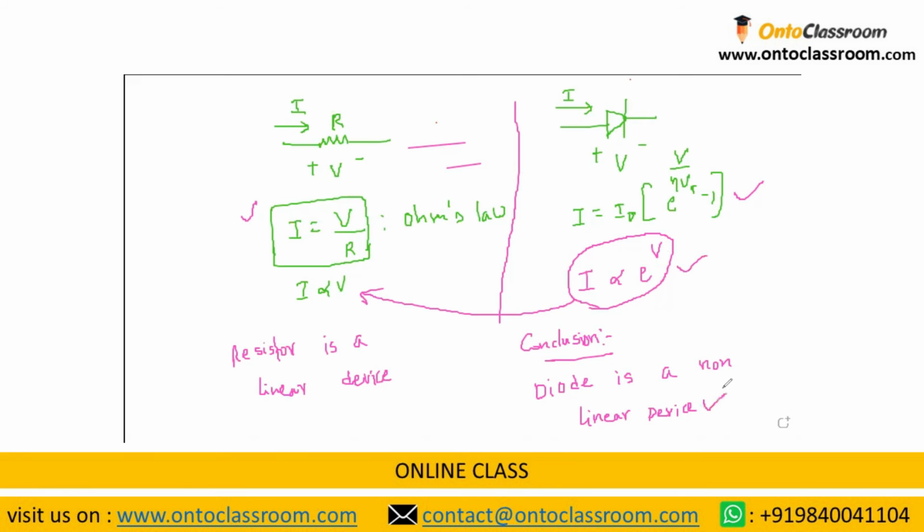I would like to mention an important point about the diode. Let me clearly explain to you. In simple words, if someone is asking you what is a diode, you tell them that diode is a two-terminal device.